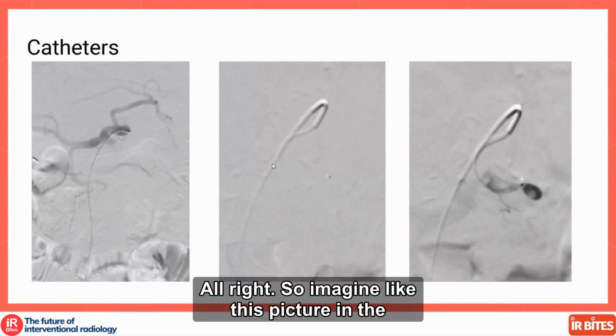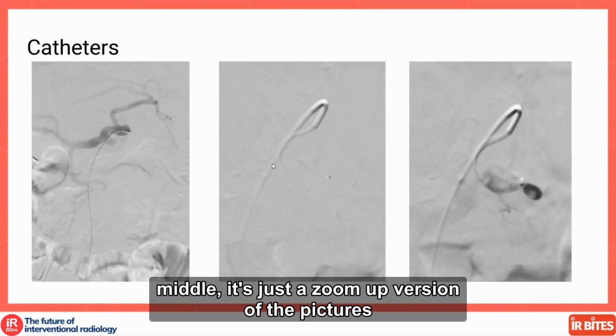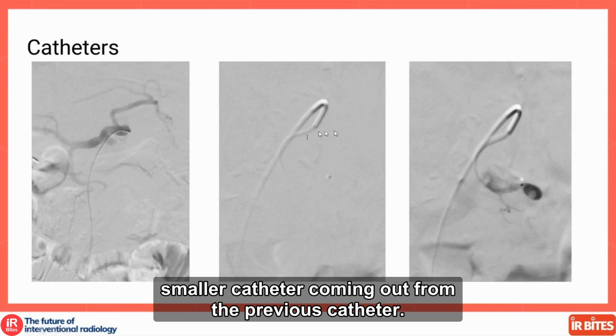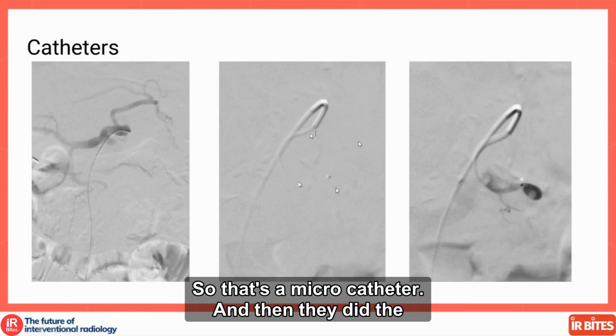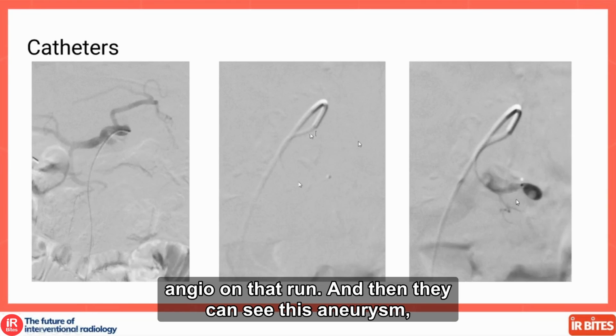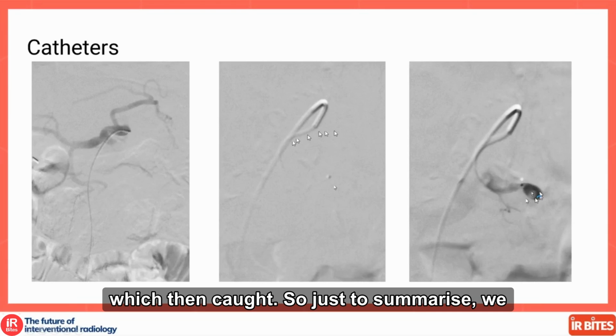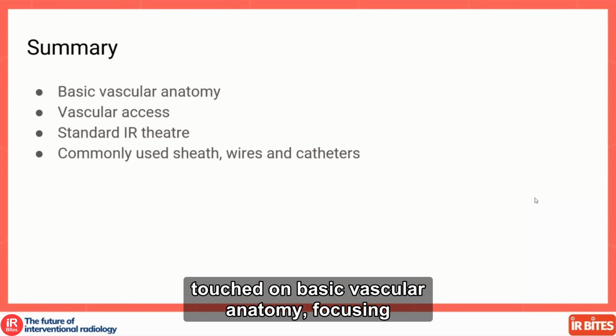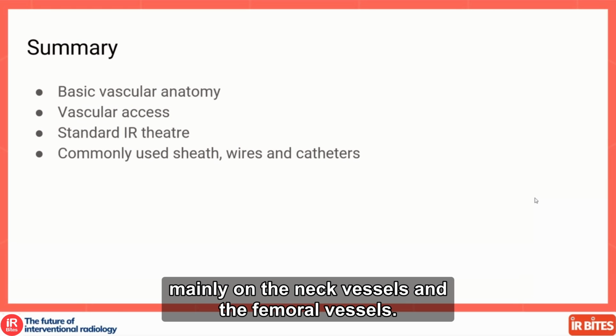The picture in the middle is just a zoomed-up version of the picture on the left, and now you can see this smaller catheter coming out from the previous catheter. That's a microcatheter. Then they did the angio run, and they can see this aneurysm, which they then coil.